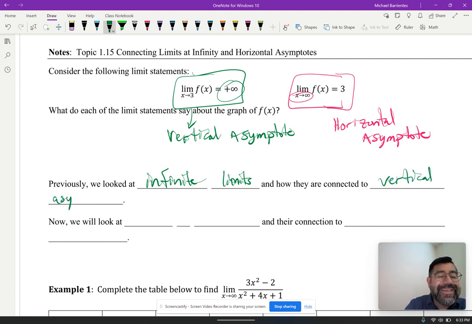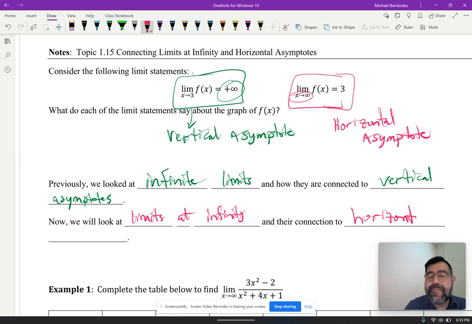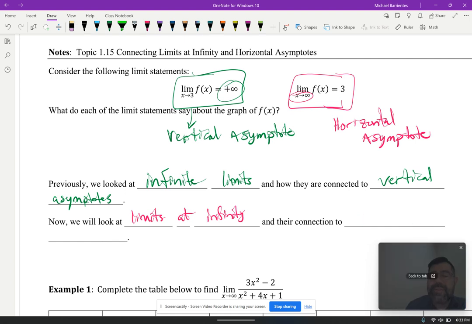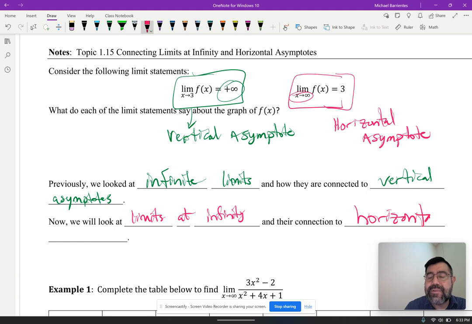Our goal in this series of videos is to talk about how limits at infinity are connected to horizontal asymptotes.